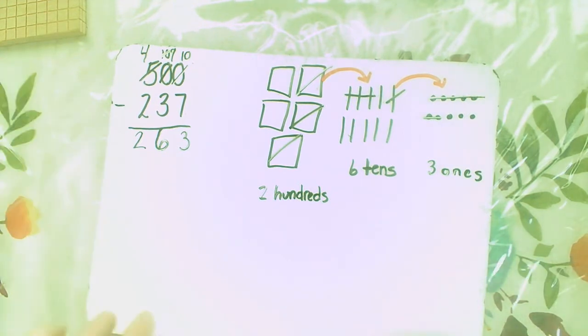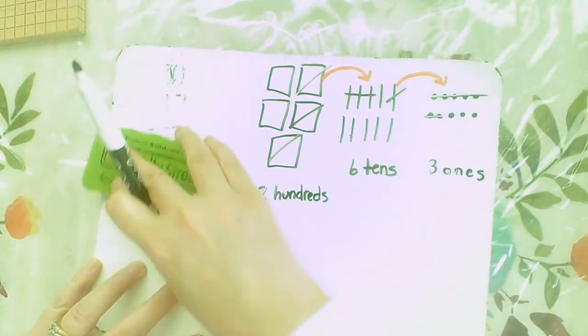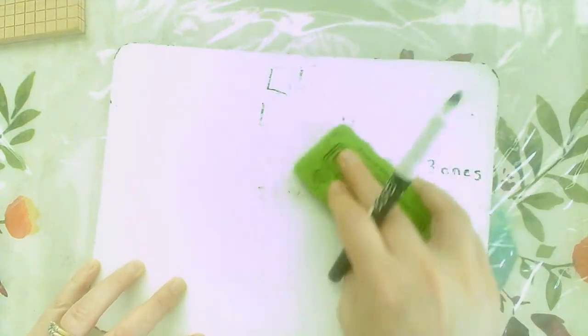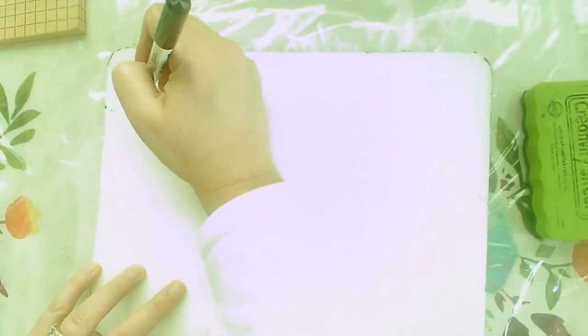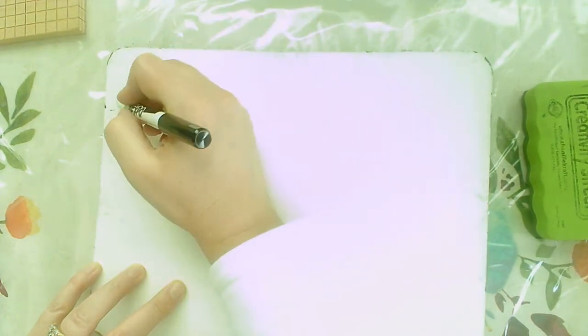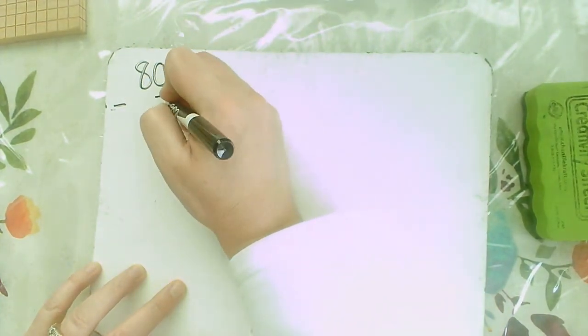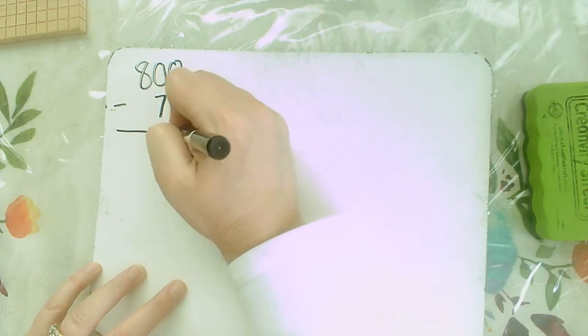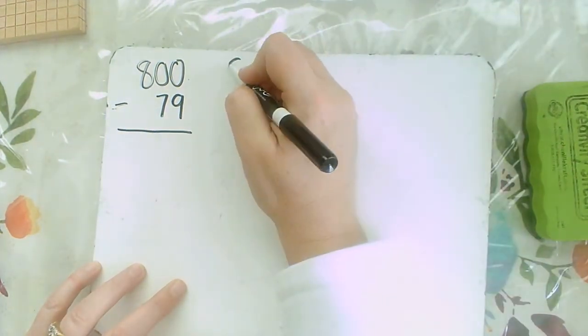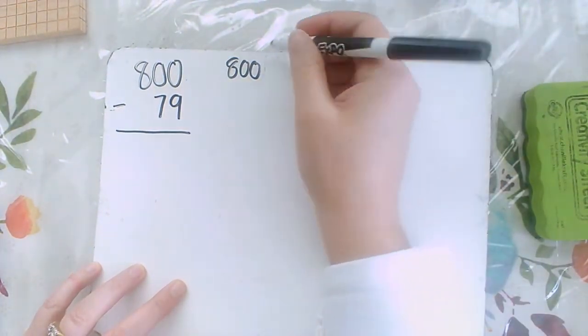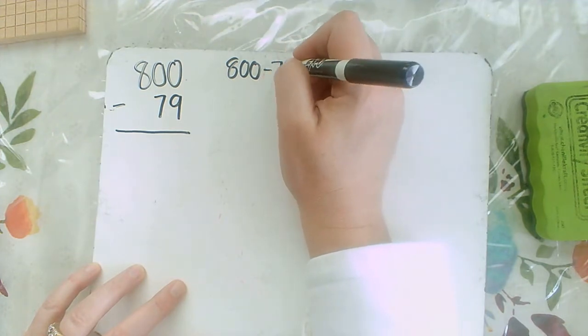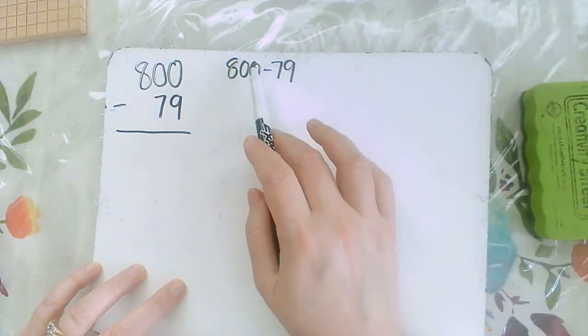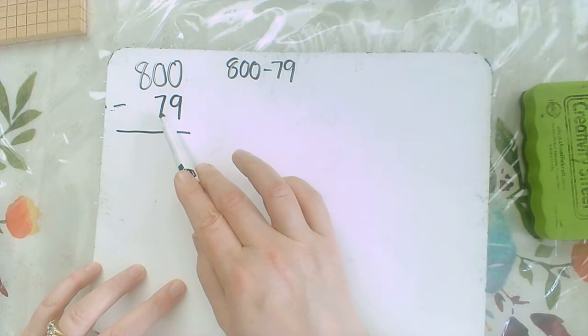Okay, let's do one more. Let's do one where a 3-digit, but we're only taking away a 2-digit. Okay. Now, in your schedule, it's written this way. And so you may find it easier to write it vertical.